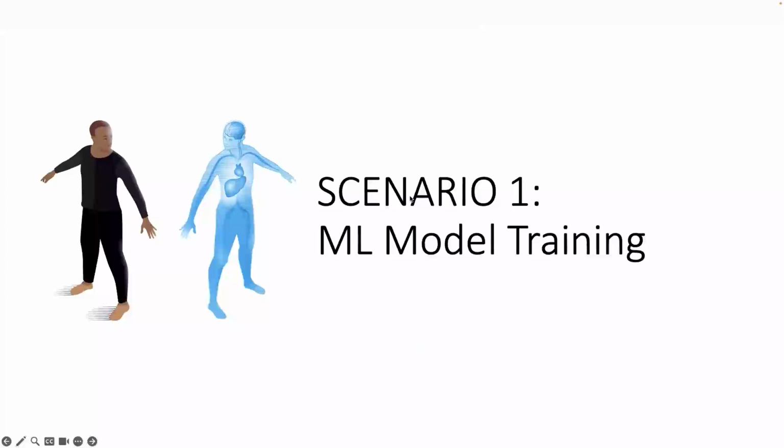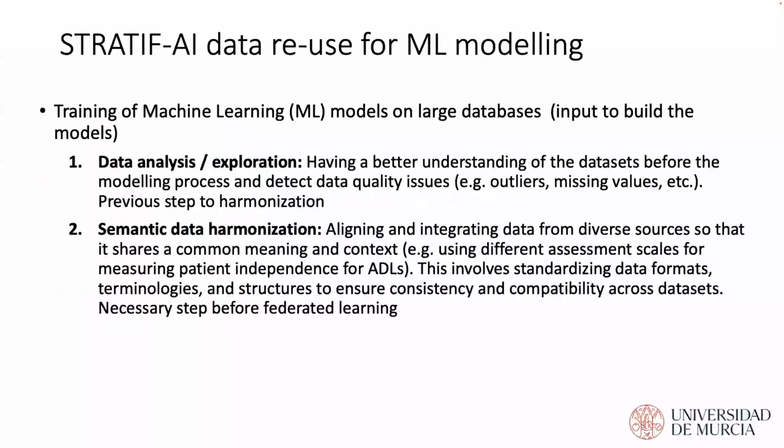And as said, we are doing this harmonization in two scenarios. The first one is for training the machine learning models on the large existing databases. In Stratify, we follow two steps.